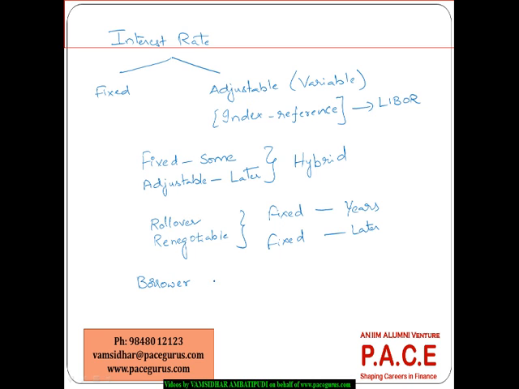There is an option provided to the borrower, whether he would be going ahead with an adjustable rate mortgage or a fixed rate mortgage, which he can choose after a certain point in time. So that is what we call a convertible mortgage. If he wants, he can change it to the other form.